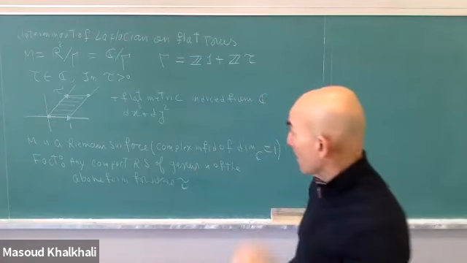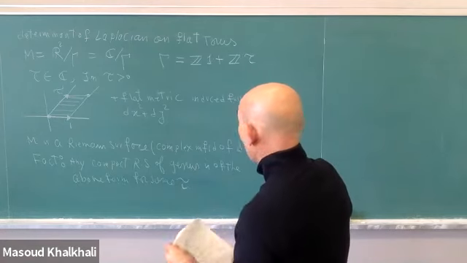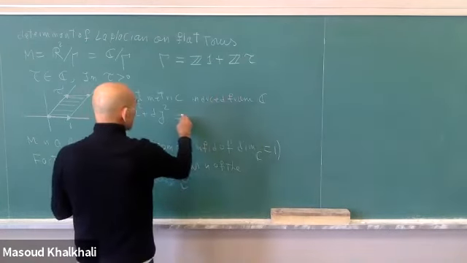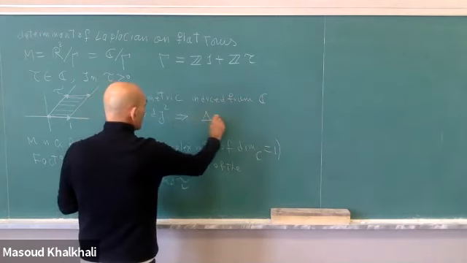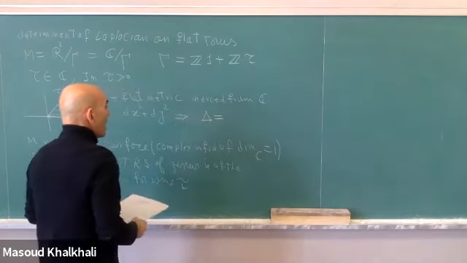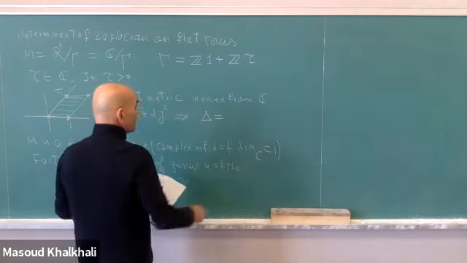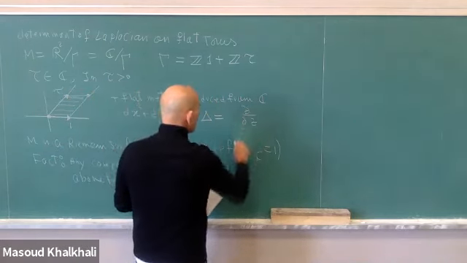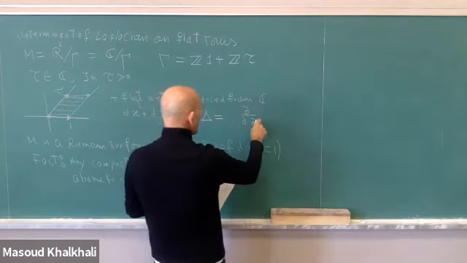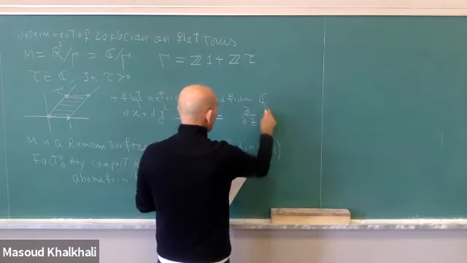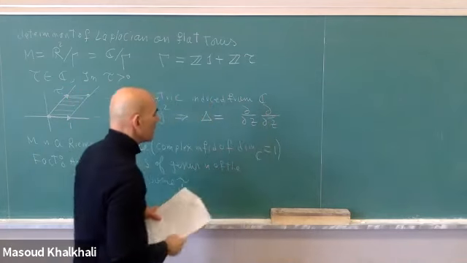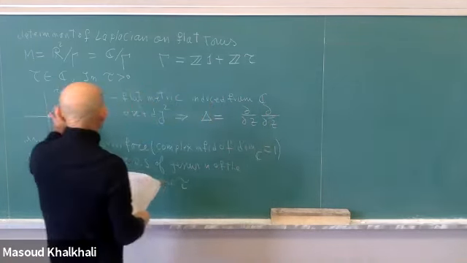So now this gives us this Laplacian. We can think of it as the operator d/dz times d/dz bar. You can introduce complex parameters here.